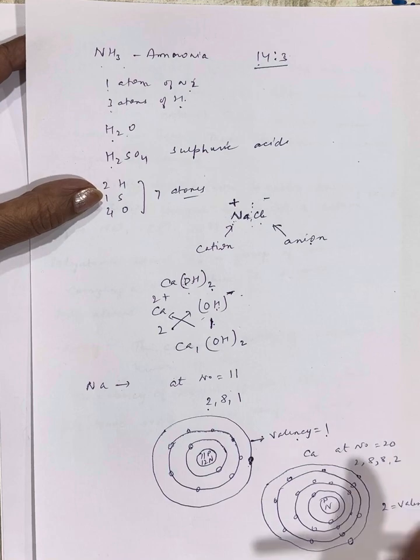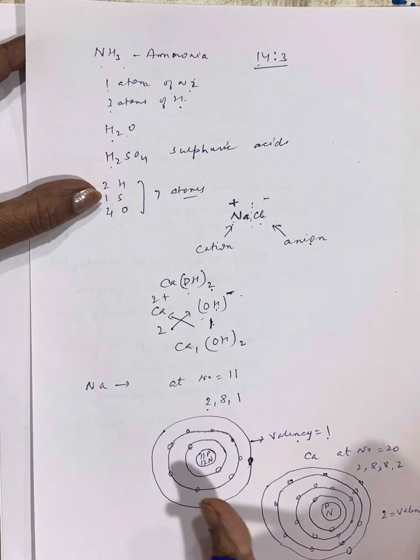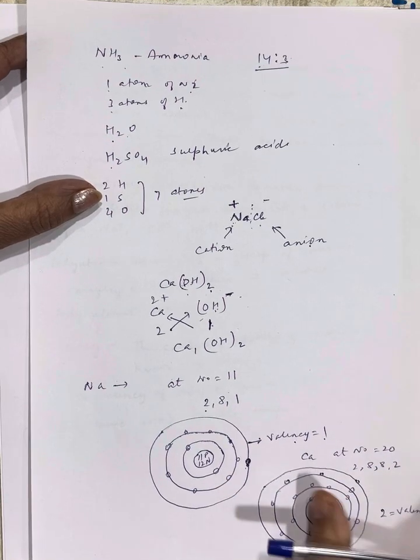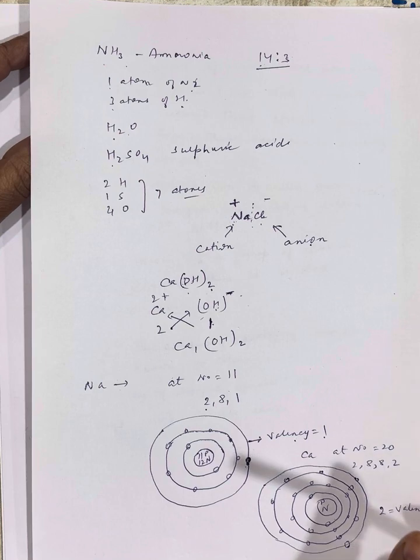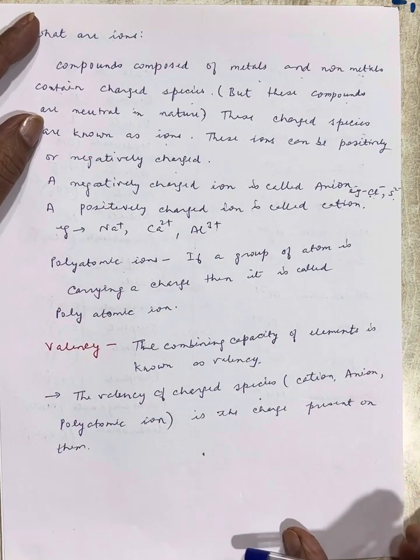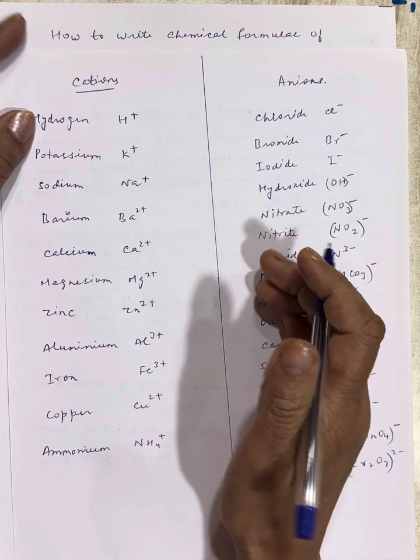We can take this in the next class also, because this is a very important topic. All of chemistry is based on valency, how the elements combine, how they attain stability, etc. We have to learn this in detail. I have drawn here some cations and anions.